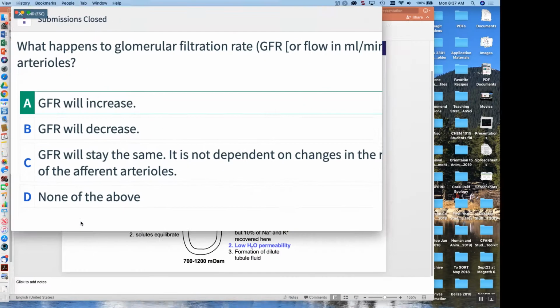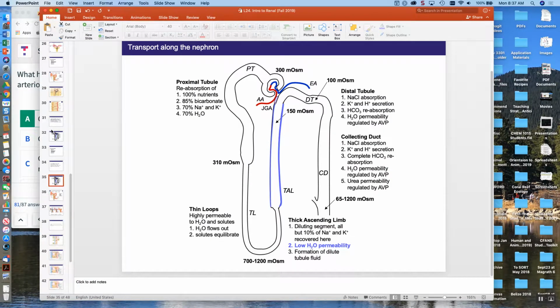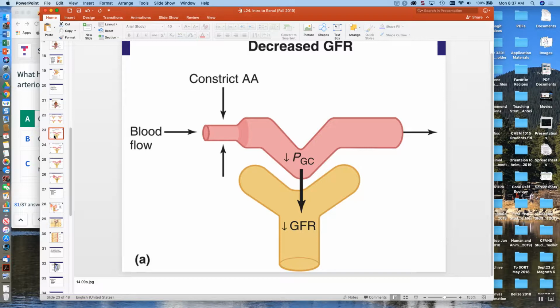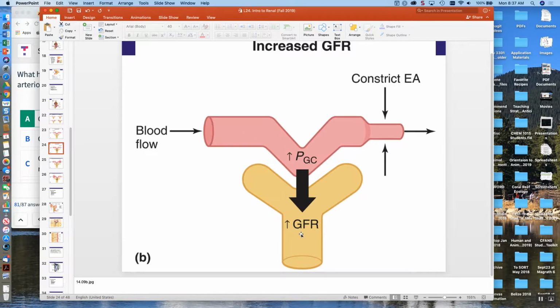Let me show you what slide that pertains to. If you remember this set of slides, what happens if you constrict the afferent arterioles? Hydrostatic pressure in the glomerular capillary falls and the flow decreases. Remember, GFR is flow in mils per minute. If you constrict the efferent arterioles on the back end, everything upstream is going to increase. The hydrostatic pressure in the glomerular capillaries is going to increase, and the flow is going to increase as a result.